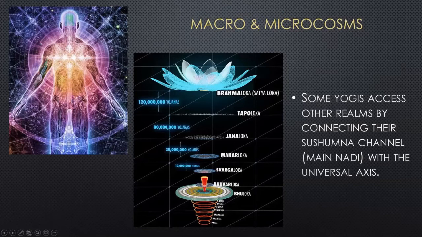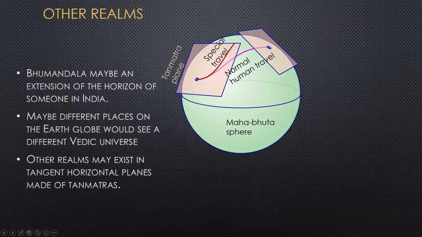So how do we explain these other places like Plakshadvipa and Shalmalidvipa, and where's Bhumandala? We can say that Bhumandala maybe is an extension of the horizon of somebody in India, because they talk about all of these places in India, such as the Alakananda River in the Bhagavatam. It talks about the Himalayas, but we don't hear anything about New York.